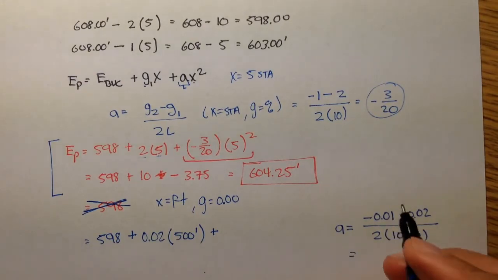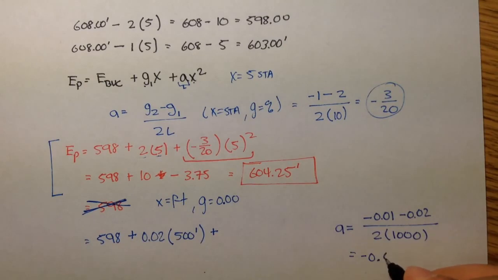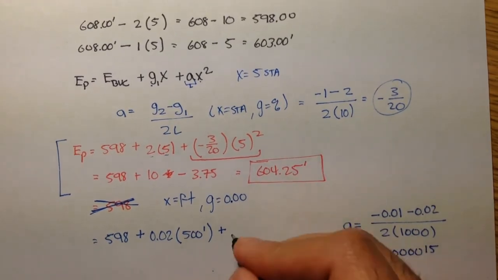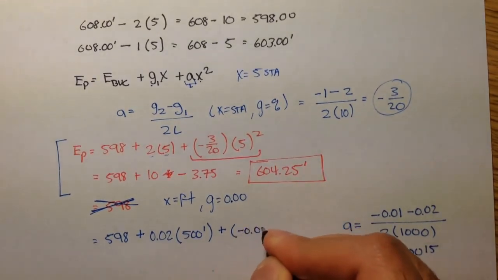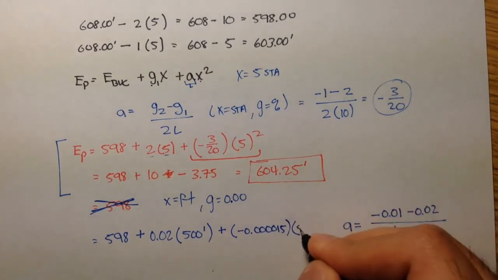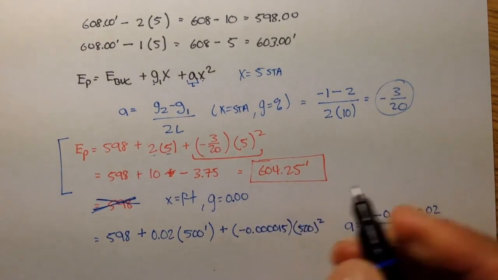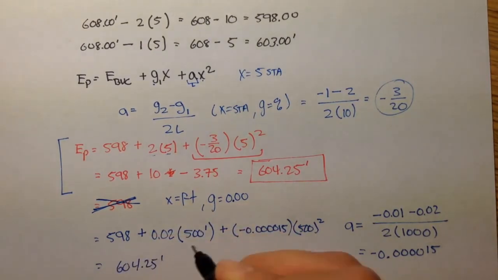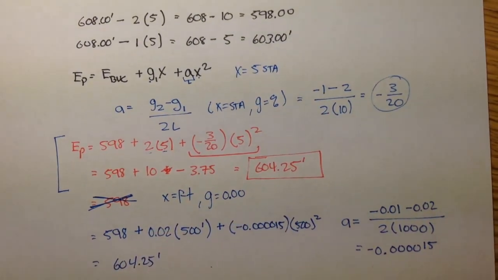If we do this, we're going to get A is equal to -0.0000015. Okay, so if you plug that in, -0.0000015 times x squared, or 500 squared, we should get the same thing, 604.25 feet.